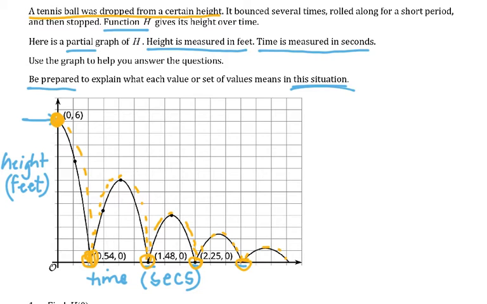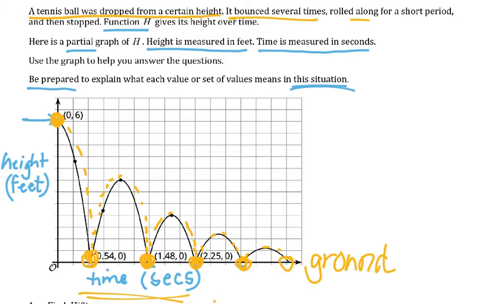And notice that it says it bounced several times and rolled along. Well, I don't see the rolling along, right? I just see where it hits the ground. So this is the ground. And basically, we're able to time every place it hits the ground and how much time evolved.